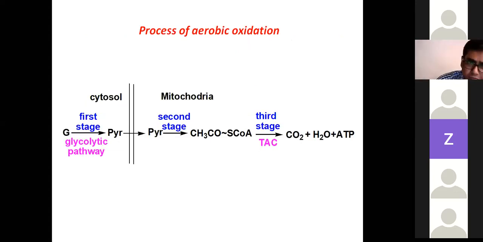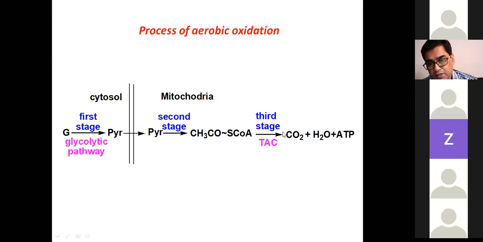Now, why do we do all this? As I explained to you earlier, in the first stage we converted glucose by the glycolytic pathway into pyruvate. That was taking place in the cytosol. Then this pyruvate crosses the mitochondrial membrane and enters into the mitochondria, where the second stage takes place, in which this pyruvate is converted into acetyl CoA.